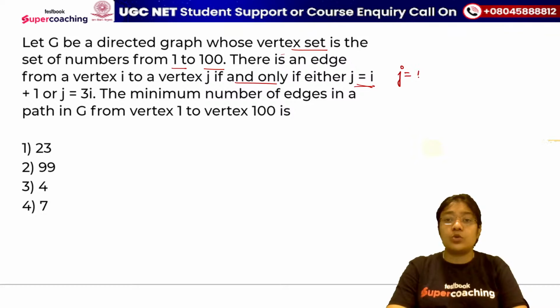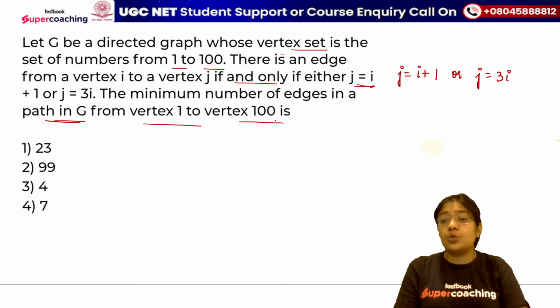When J is equal to I plus 1 or J is equal to 3I. Now, the minimum number of edges in a path in G from the vertex 1 to 100.